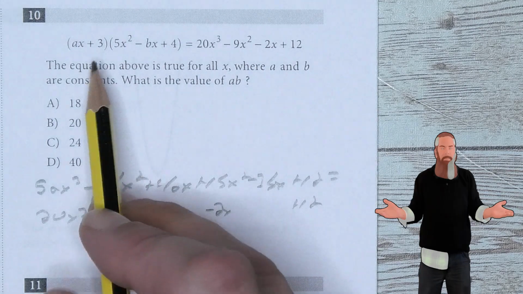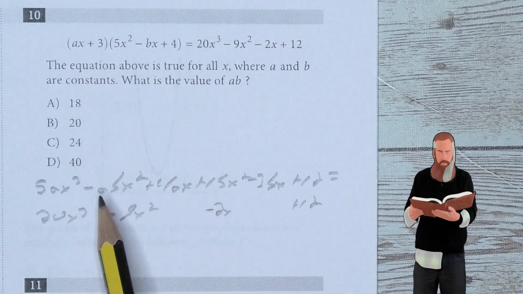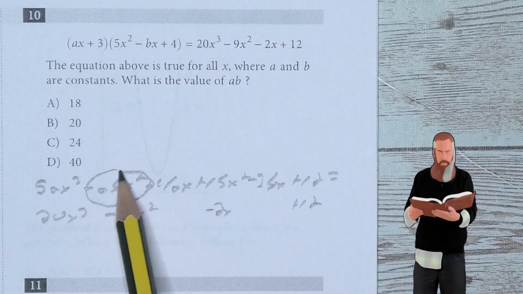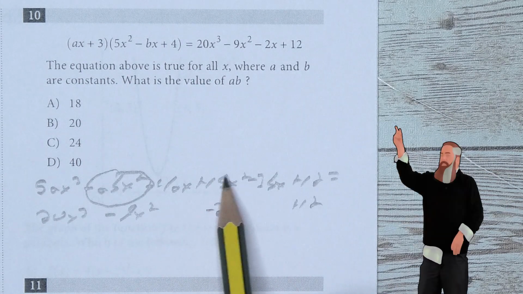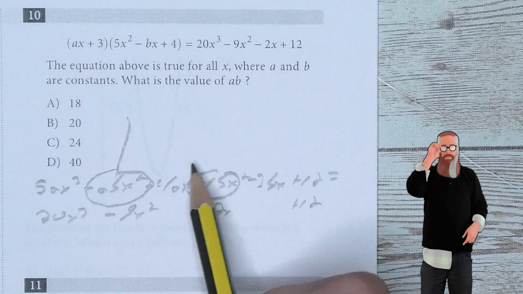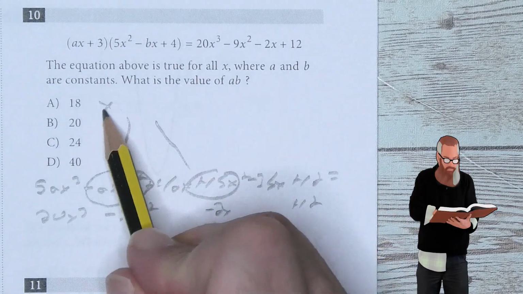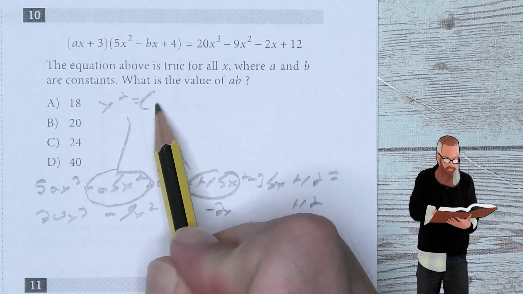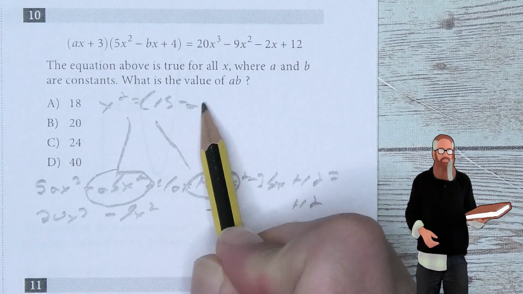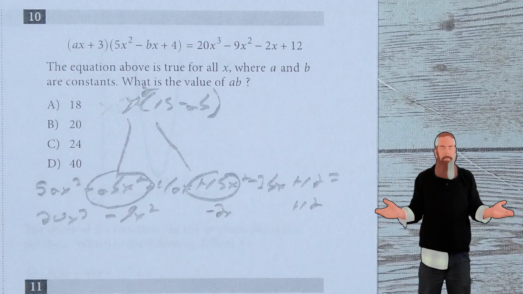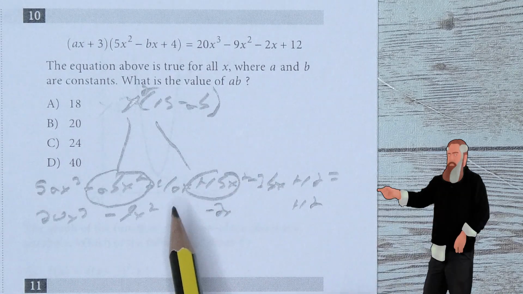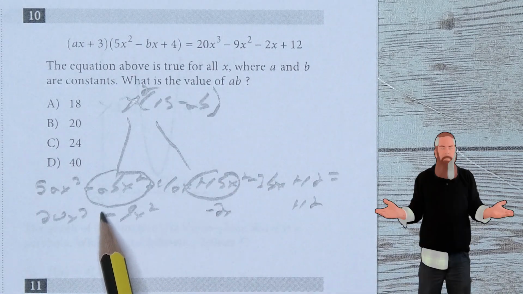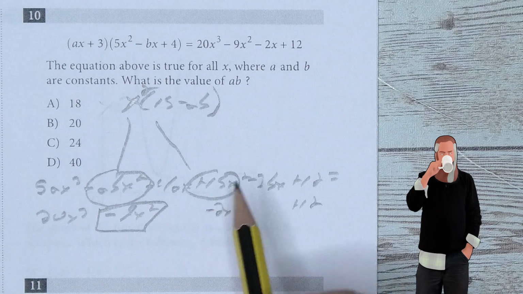So on the left side of this equation, which is the top, I can look at this negative abx squared and this 15x squared. By factoring out an x squared, I would get 15 minus ab. Now, on the right side of the equation, I'm interested in comparing it to the term that has an x squared in front of it, which is negative 9x squared.